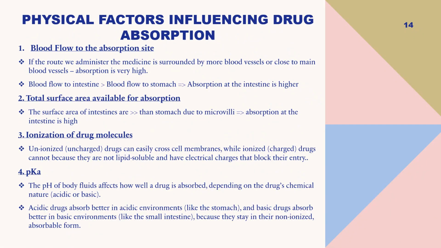Now let's talk about physical factors that influence drug absorption. There are mainly four, but there can be more. The first one is blood flow to the absorption site. It's really important. If the route we administer the medication is surrounded by more blood vessels or close to the main blood vessels, the absorption is going to be very high.